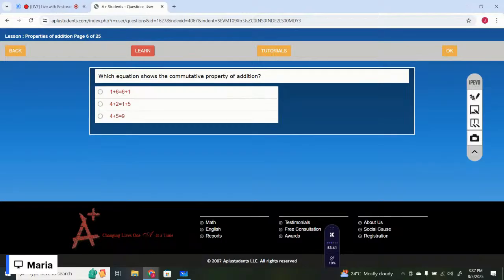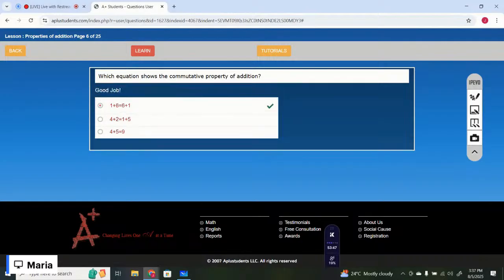Which equation shows the commutative property of addition? That is 1 plus 6 equals 6 plus 1. Option number 1 is the correct option.